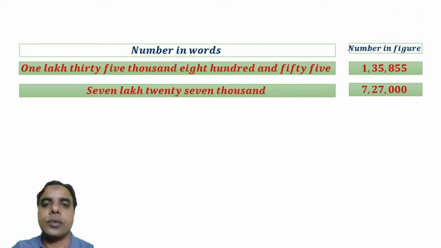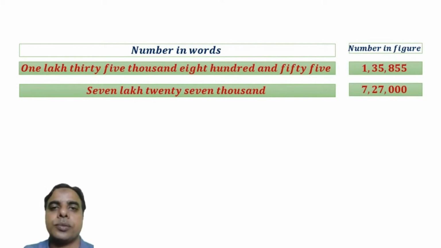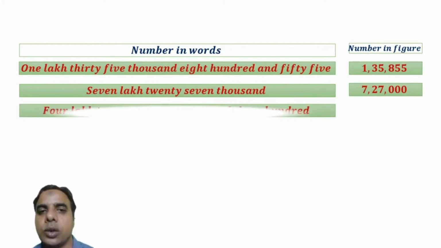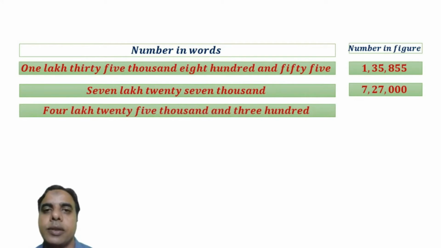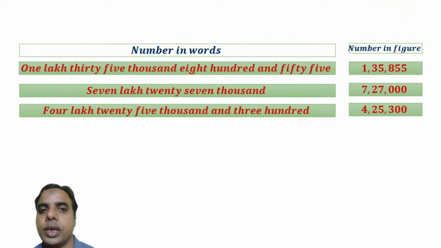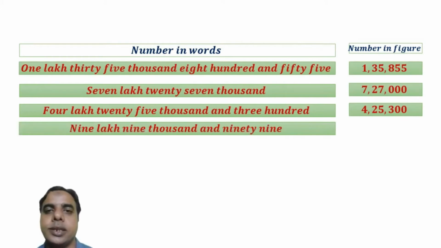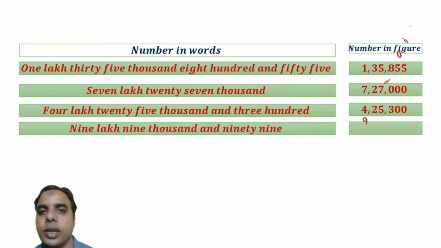Thereafter 4,25,300, so how will we write it? 4,25,300. Okay. Then next number 9,09,099, so 909099. Okay.